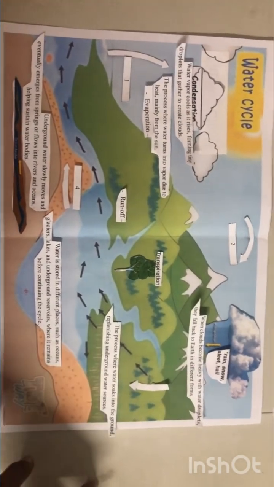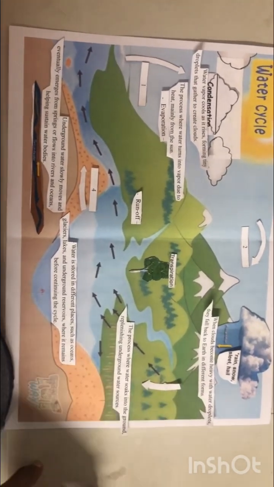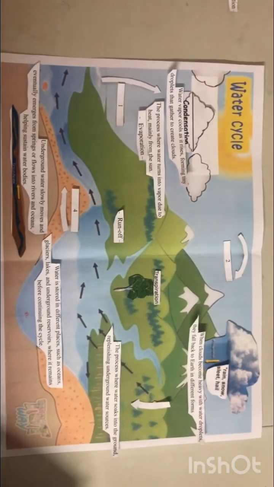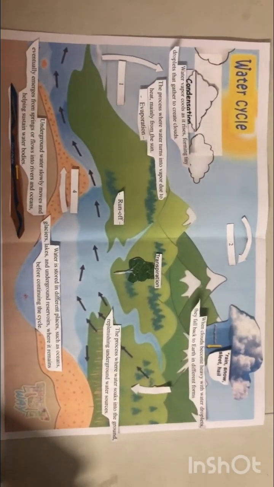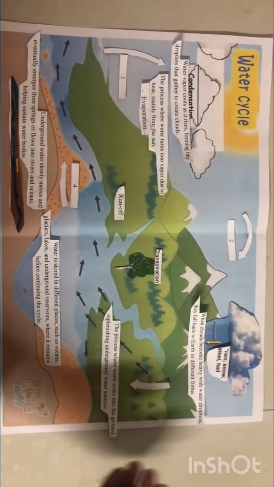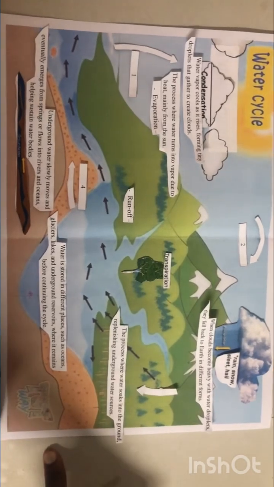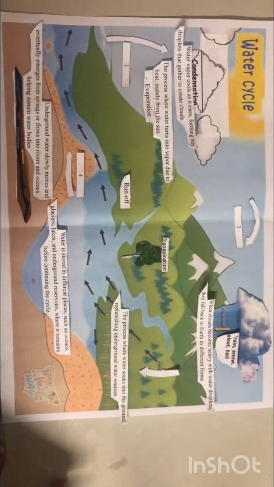Just like I've said, precipitation is when water droplets, whether solid, for example ice or hailstone, fall out of the clouds. In this case, it could be water droplets, but let us proceed to infiltration.